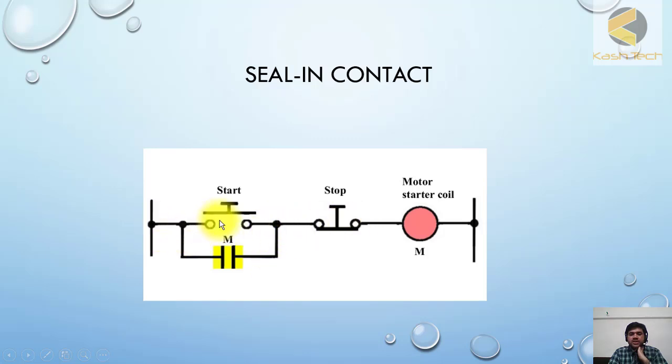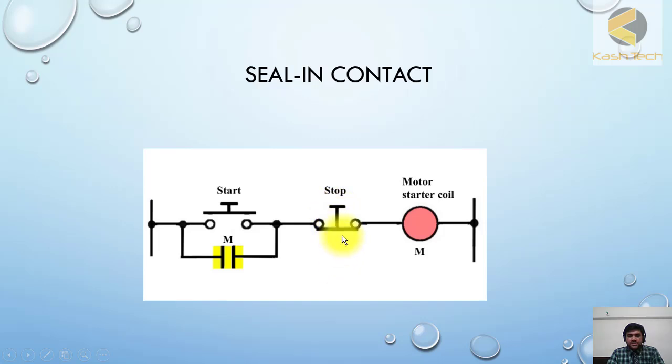So even if I release this start button, this contactor starter coil will keep on being energized through this contact. Now this is closed and it will be a latch. So if I want to stop this circuit, I will just press this push button.